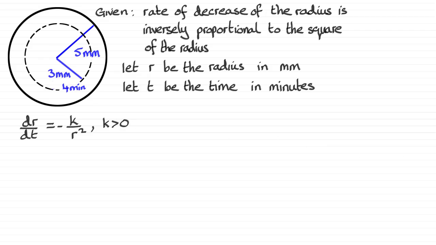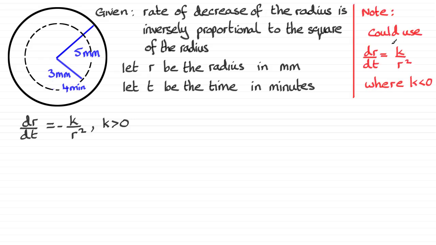Now you could use this result, dr by dt, the rate of change of the radius with respect to time, is equal to k over r squared. But if you did this version, you would expect k to come out as a negative constant. This k here will be the negative of the k that I find in this solution. So it's up to you, but this is the version that I would prefer.